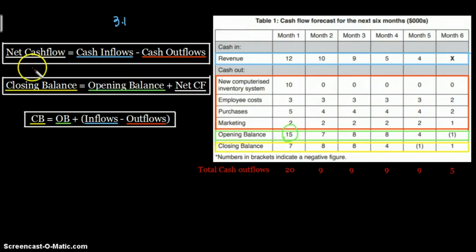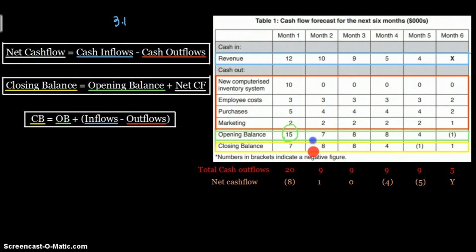The basic formula for net cash flow is your cash inflows minus your cash outflows gives you your net cash flow. So let's show that. Here you have your net cash flow as well. Net cash flow was calculated by cash inflows minus cash outflows. So 12 minus 20, we got 8. Negative values are generally indicated with brackets, as you can see over here, so we are also going to use brackets.